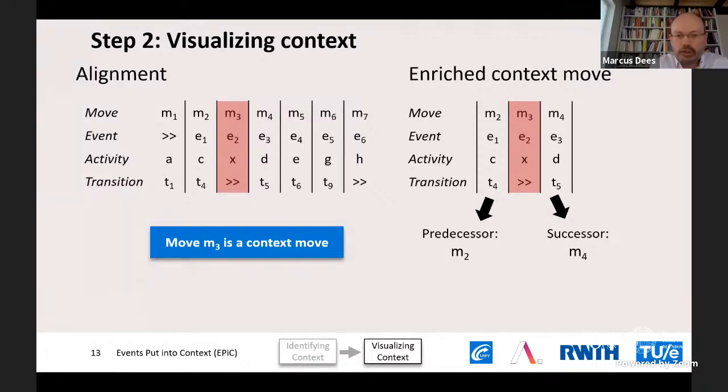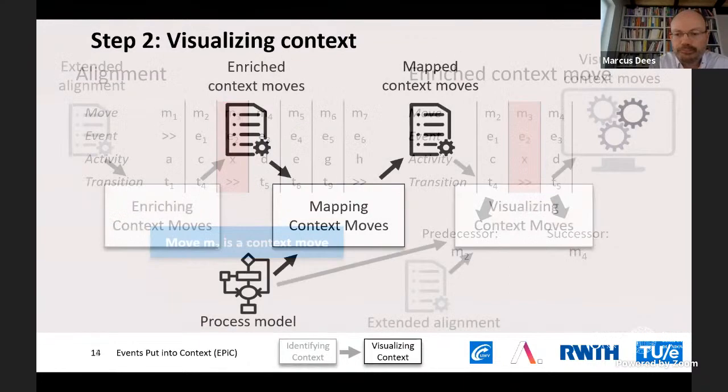And when there is no preceding or succeeding control move, we register an empty move. So this is how we add information about the preceding and the succeeding control flow move to every context move, which is needed to be able to map the context move to a process model.